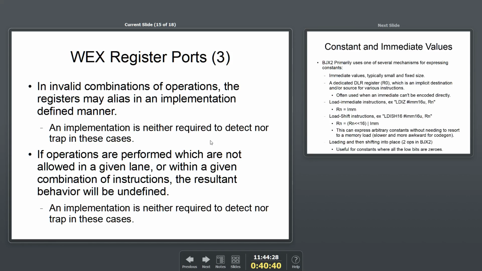An implementation is neither required to detect nor trap in these cases. This again is because of cost. If it detected and trapped, that's part of what you'd have in a superscalar that is being avoided here. And not detecting is the cheapest route, so that's why it's done this way.